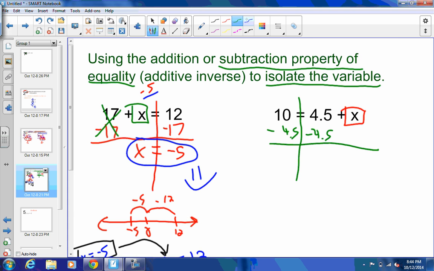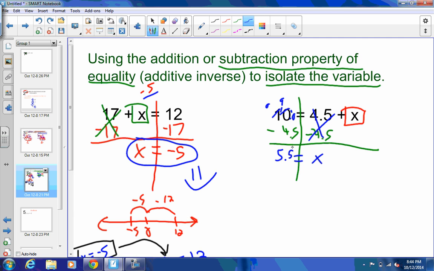All right. Now the nice thing is this will cancel out, and you're left with x all by itself, or isolated. And then 10 minus 4.5: I'm going to borrow, you get 9, you get 5, bring the decimal point down, 9 minus 4 is 5, so 5.5 equals x.